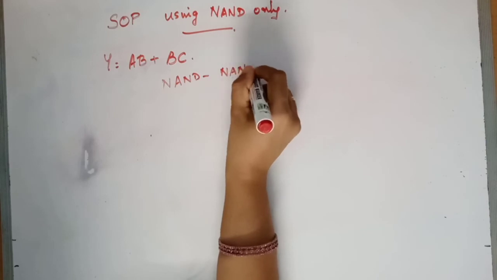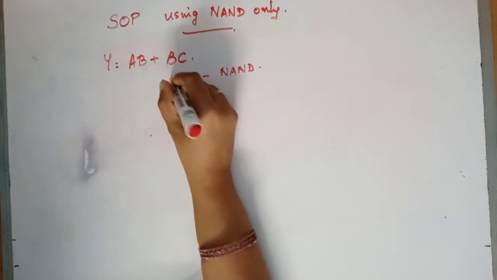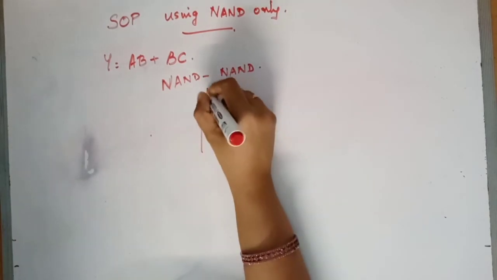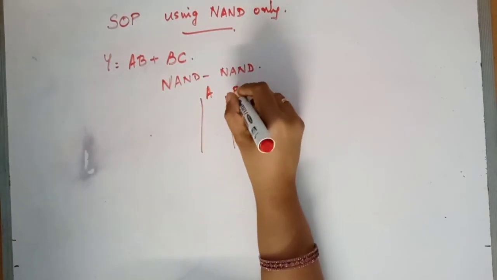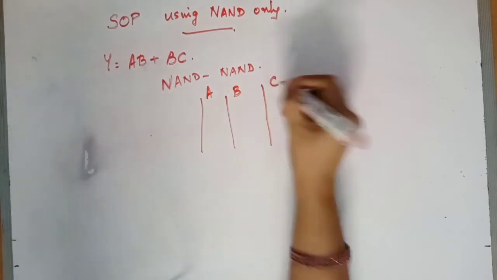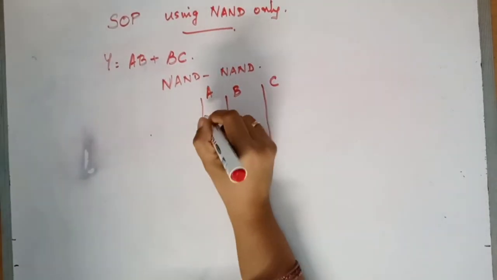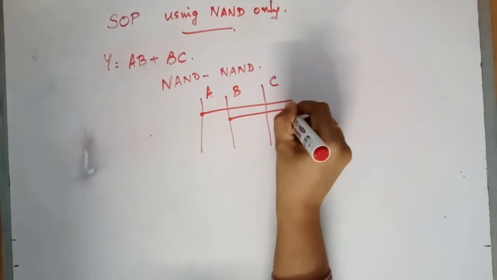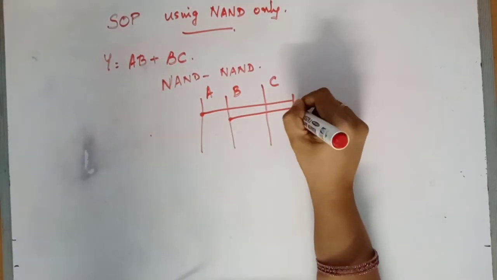Now I'll explain it with this example itself so that it's much easier for you to understand. So you have A, B, C. We'll take A, B and give it to a NAND.